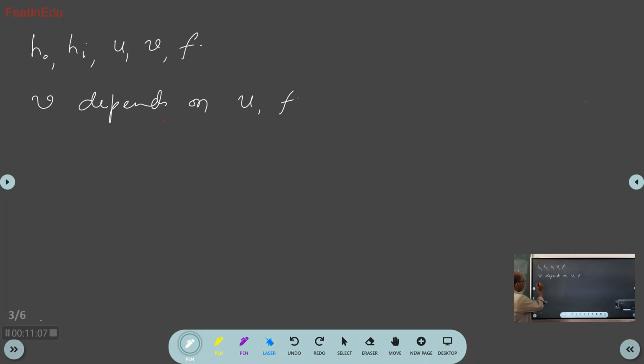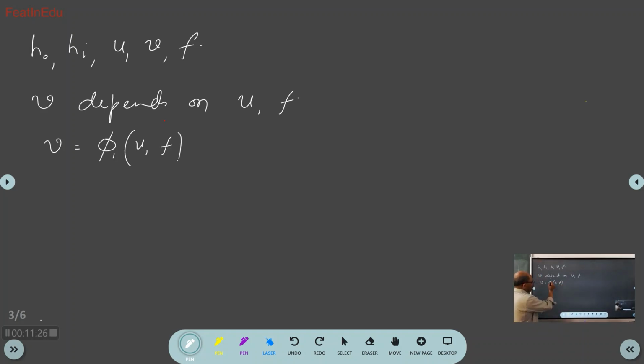Right? So this we write as v is equal to some function, I'll tell you what is the meaning of function. Some function, phi 1, this is the name of the function, phi 1 of u and f.